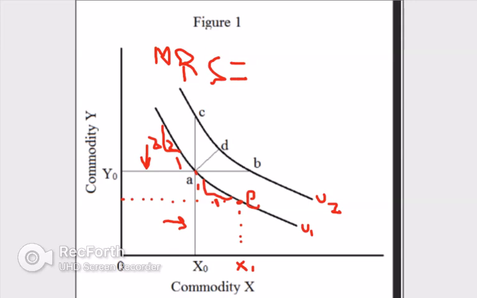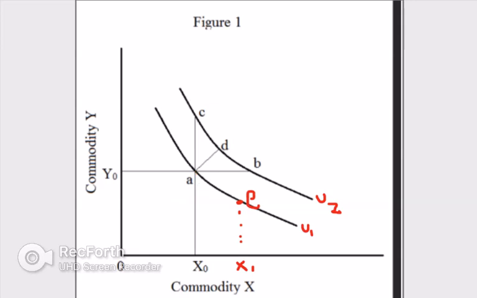So at this point, you're willing to give up 2 pancakes for 1 can of Coke, whereas here you're only willing to give up 1 pancake for 1 can of Coke. So your marginal rate of substitution has decreased as you go down, because the slope of the indifference curve has decreased in itself. I think that's fairly self-explanatory.